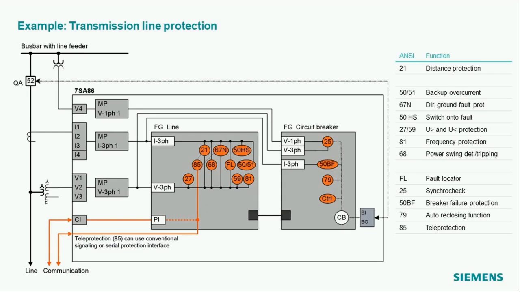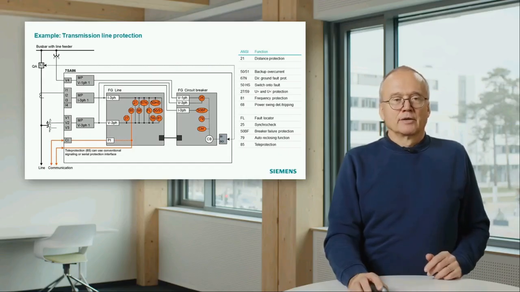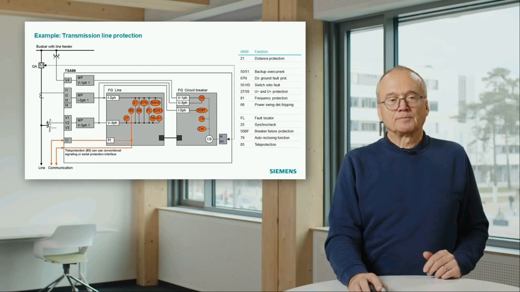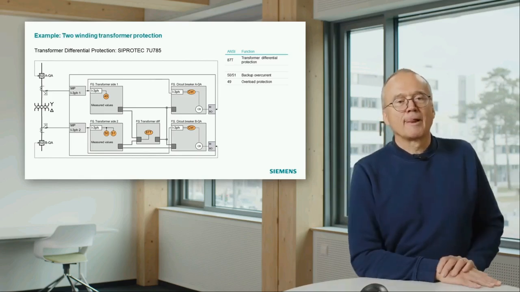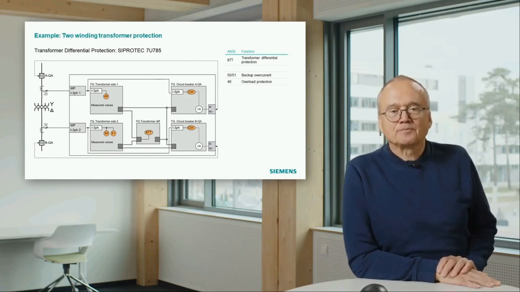For that reason, you see here on the left bottom communication links where the teleprotection function 85 communicates with the relay on the other end of the line. So that was an example for transmission line protection, and the last example refers to transformer protection.